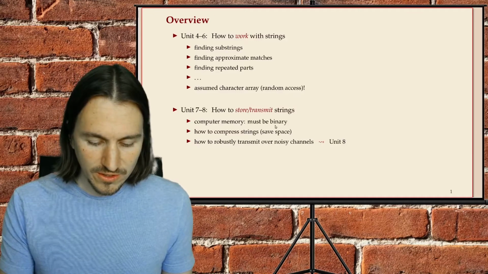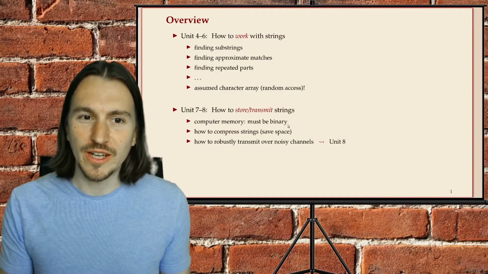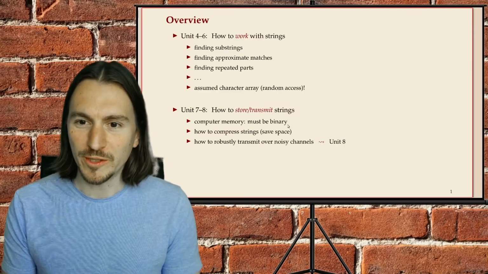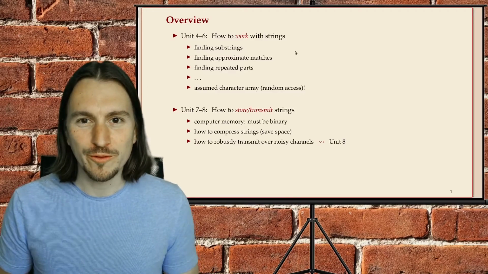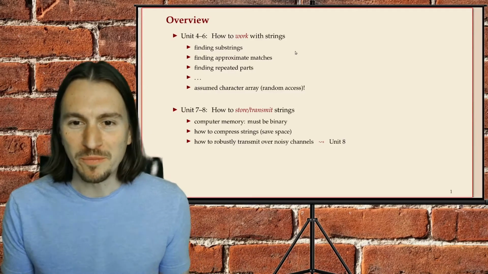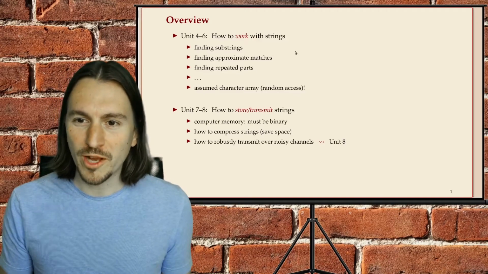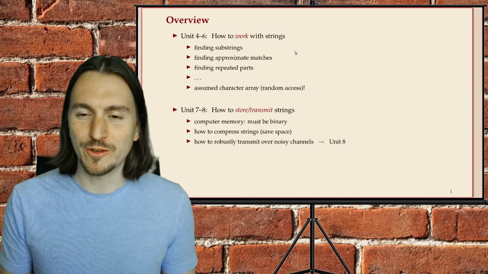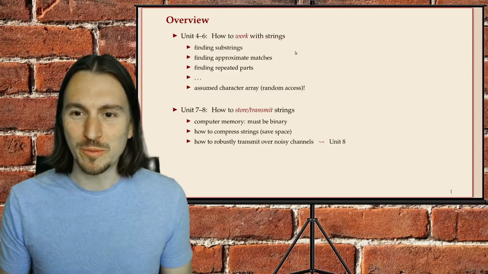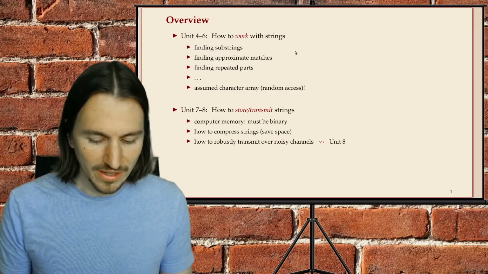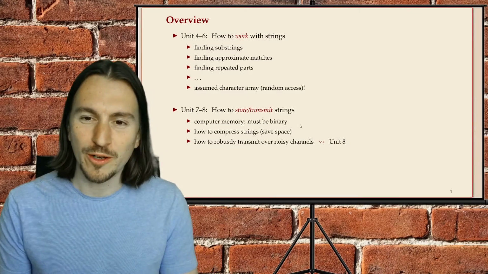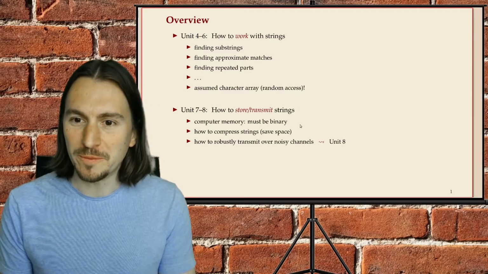In a sense, this is something that underlies the previous units as well, because we assumed strings before to have characters from some alphabet, but really to work with them, we have to store them in the binary memory of our computers. So it's inevitable to talk about how to encode characters at one point or another. And that is part of this unit as well.